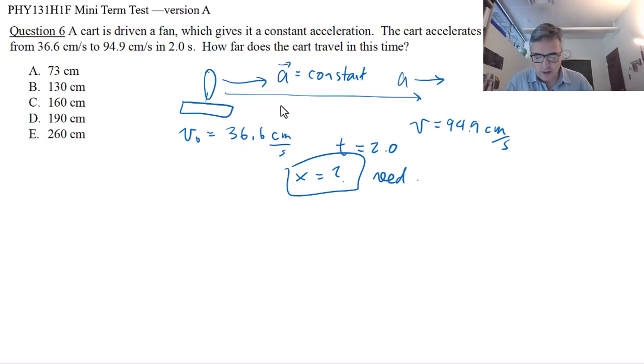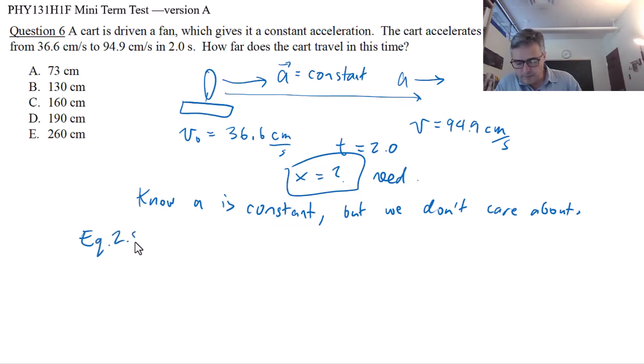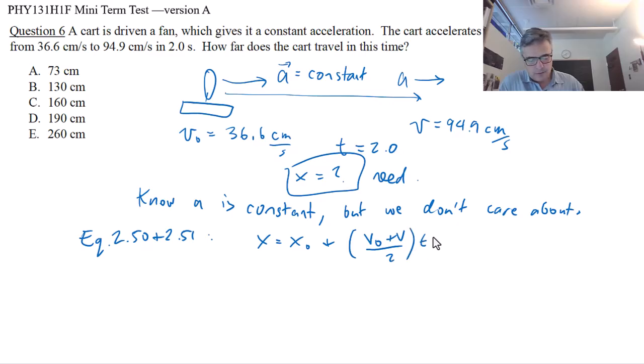If we look at our equations of constant acceleration, look at what we don't seem to care about here. We need the distance traveled. And what's weird here is we know that a is constant, but we don't care what it is. So choose the equation that doesn't contain a, which would be that last one, a combo of equation 2.50 and 2.51 from your text, which looks like x is equal to x0 plus (v0 plus v) divided by 2 times t.